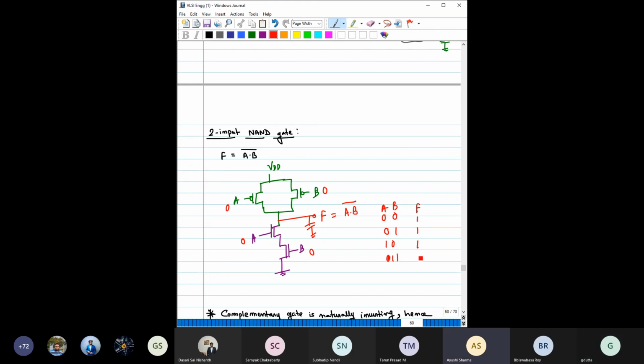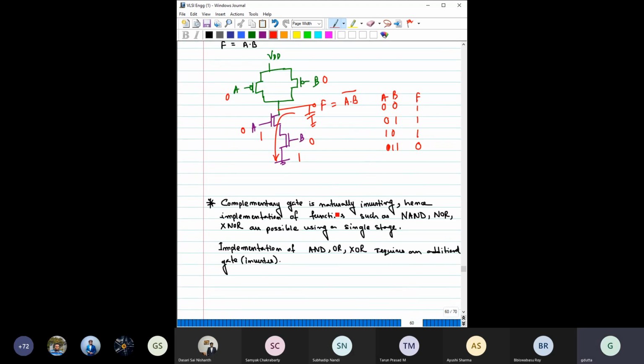For 1 1, the capacitor would discharge, so 0. The capacitor would discharge because now this is on, so it has a direct path to discharge. So the output would fall to 0. So definitely we can see that it is working as a two input NAND gate. Yeah, thank you, Ayushi.